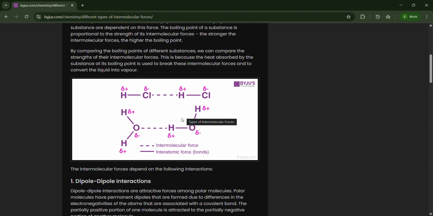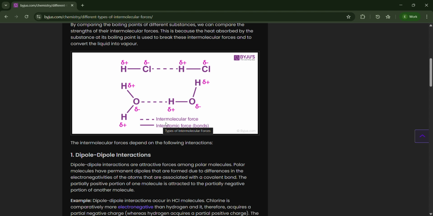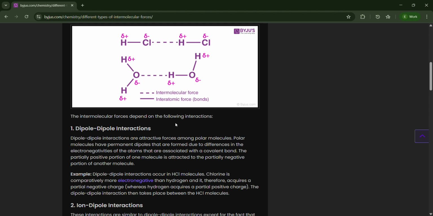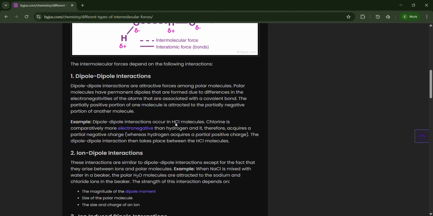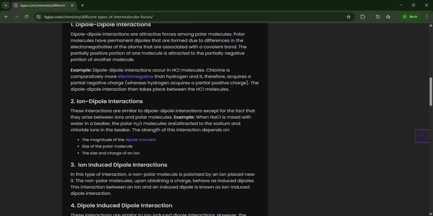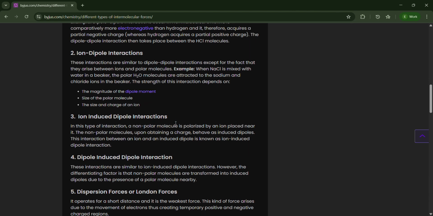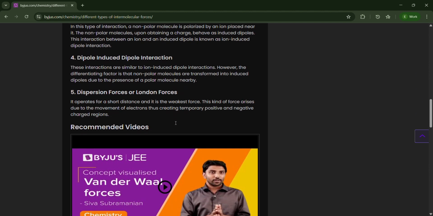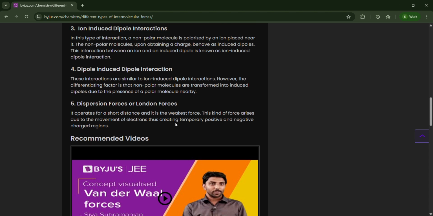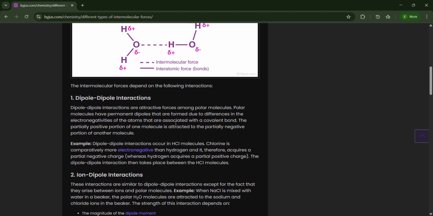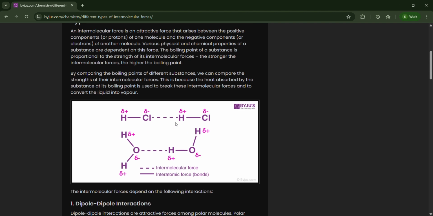More intermolecular force means a higher boiling point and melting point, and vice versa. The intermolecular forces depend upon the following interactions: dipole-dipole, ion-dipole, ion-induced dipole, dipole-induced dipole, dispersion forces or London forces. So I think these are actually the five types of intermolecular forces.